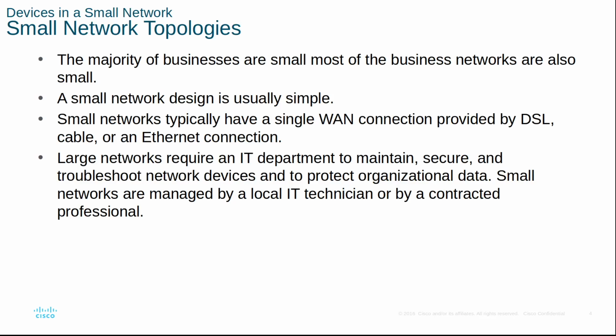Larger networks require a lot more work. They require a full IT department and a security department, or a subset of the IT department is the security team to maintain and secure and troubleshoot things and protect your data. Small networks could be managed by a very small team, or one person. They could also be contracted out, and a lot of times are.